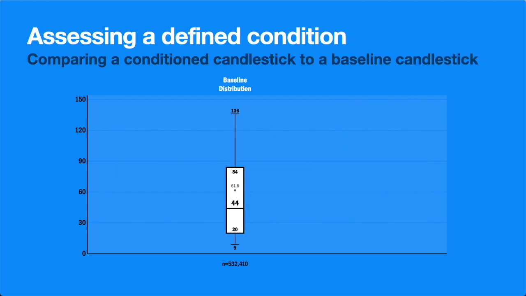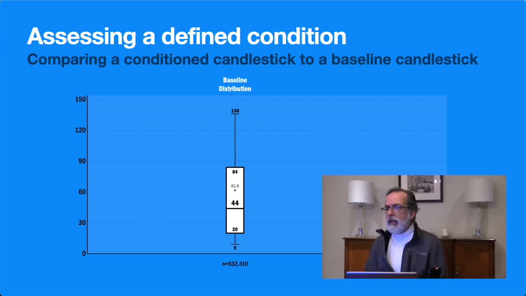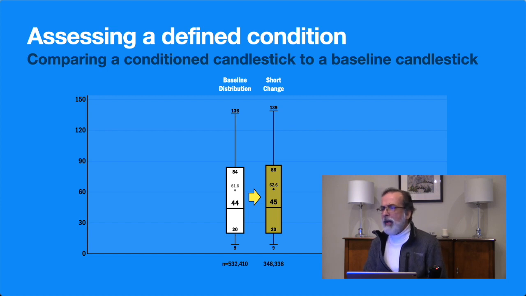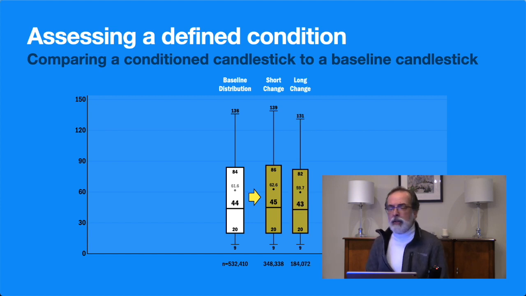If we just did it naively, with a baseline distribution of all 500,000 segments going back to 2013, and applied some condition to it, say evaluating the short change versus the long change periods, we see that clearly the long change periods tend to be shorter than the short change periods.